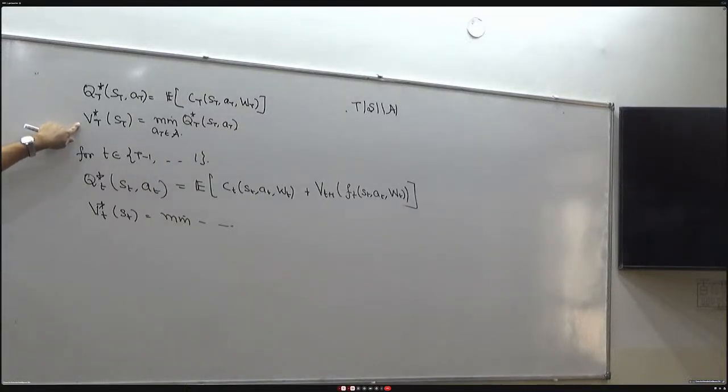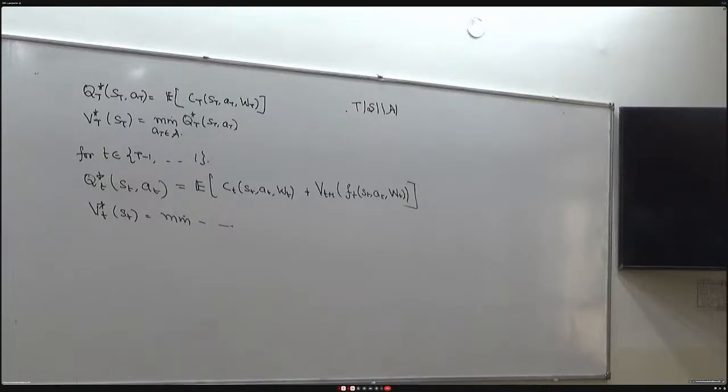Okay? Now let me go to some time and let me assume that from this time onwards throwing away history was optimal. That would mean that the value function from that time onwards did not depend on this component.